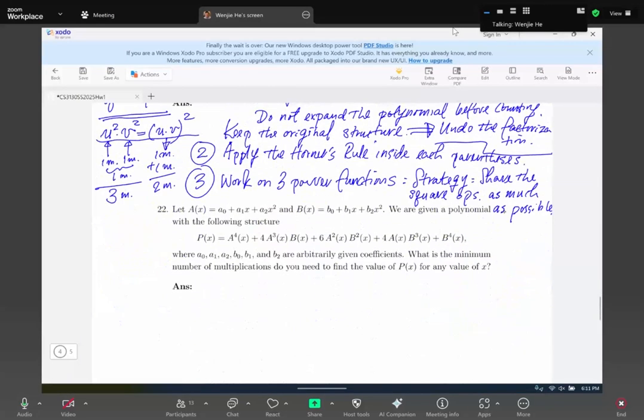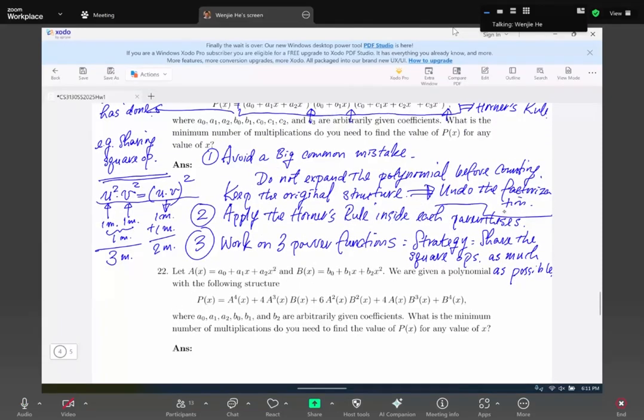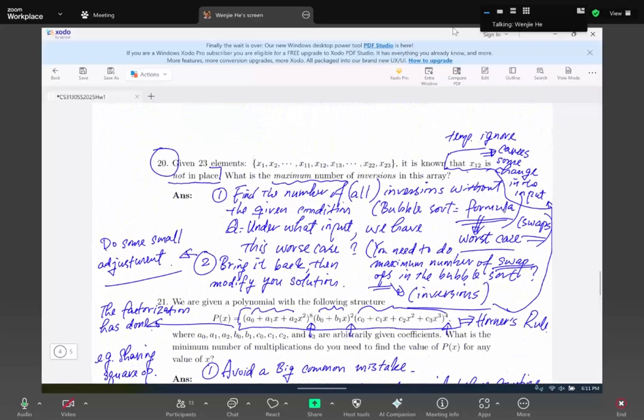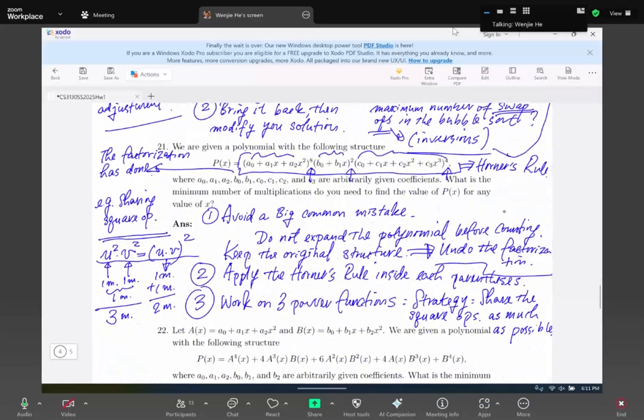Let me see. I used too much time. I think I have to stop right here and go back to our lecture notes. So I explained 4 of the questions.